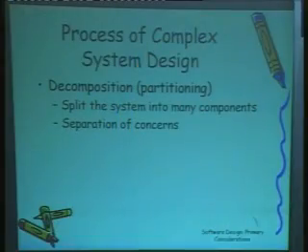So decomposition can also be seen as partitioning. Split the system into many components and separate the concerns. You might split the system into many components, but then there might be redundancies and lots of overlaps, resulting in a chaotic situation. Nobody knows who is doing what.